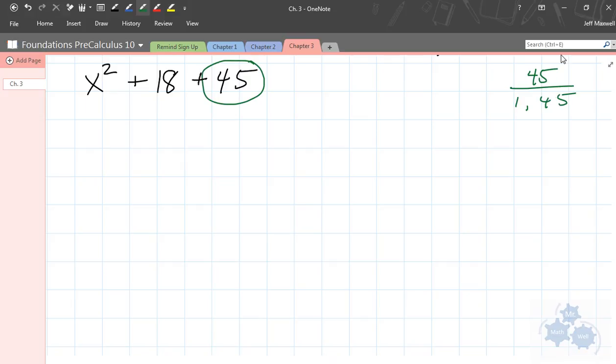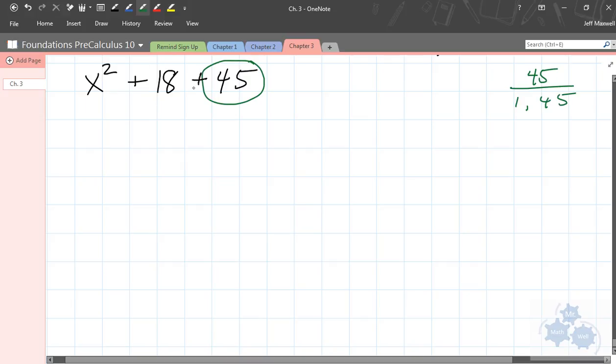Well, you take a look at those and you notice there's no way that's going to add up to 18, right? So what are the other factors of 45? Well, 9 and 5. Does 9 plus 5, in any way, positive, negative, whether they're both negative, add up to 18? No. So those aren't the factors.